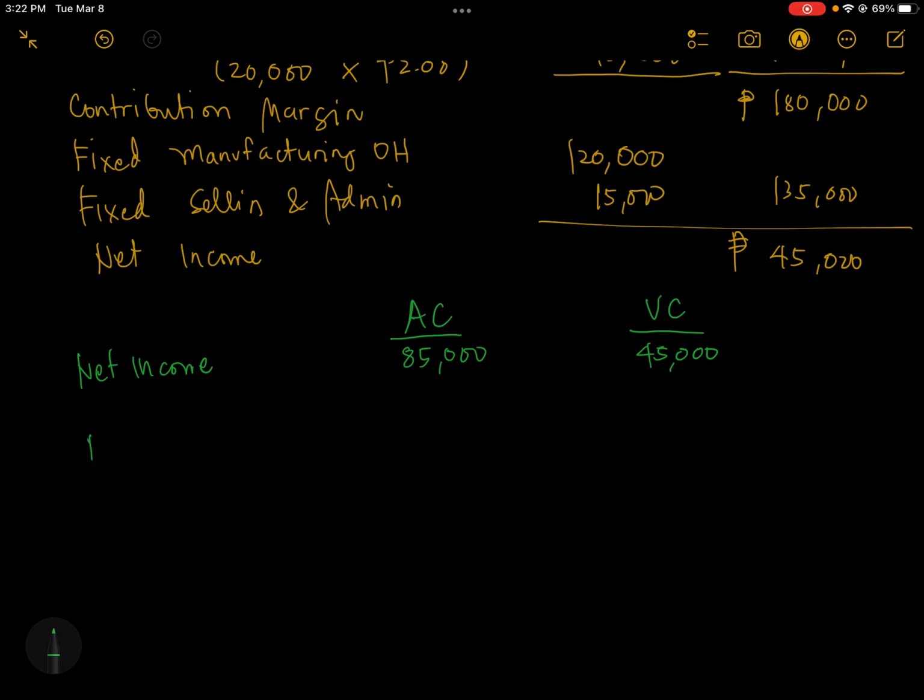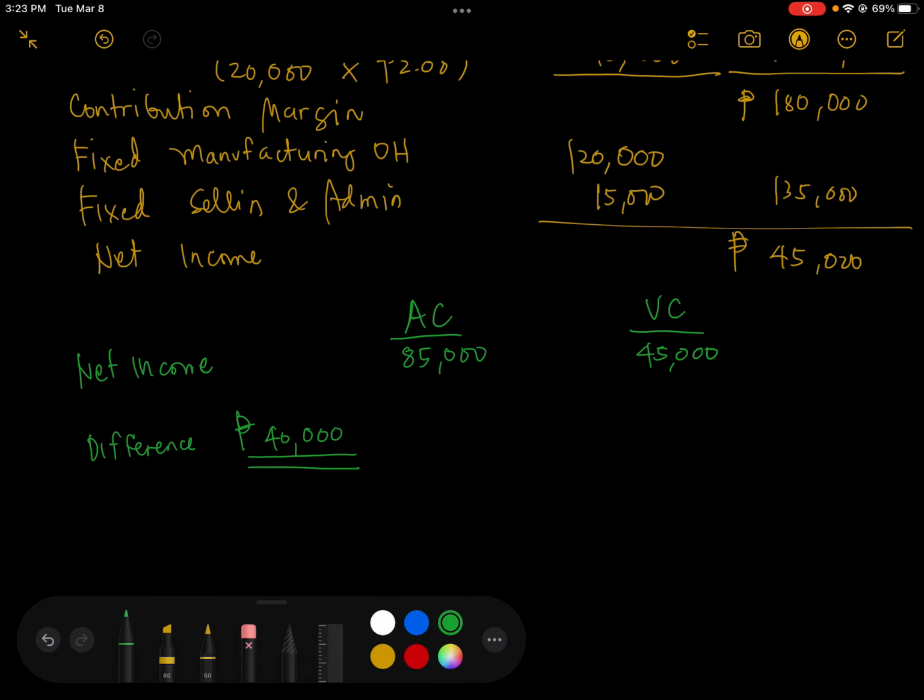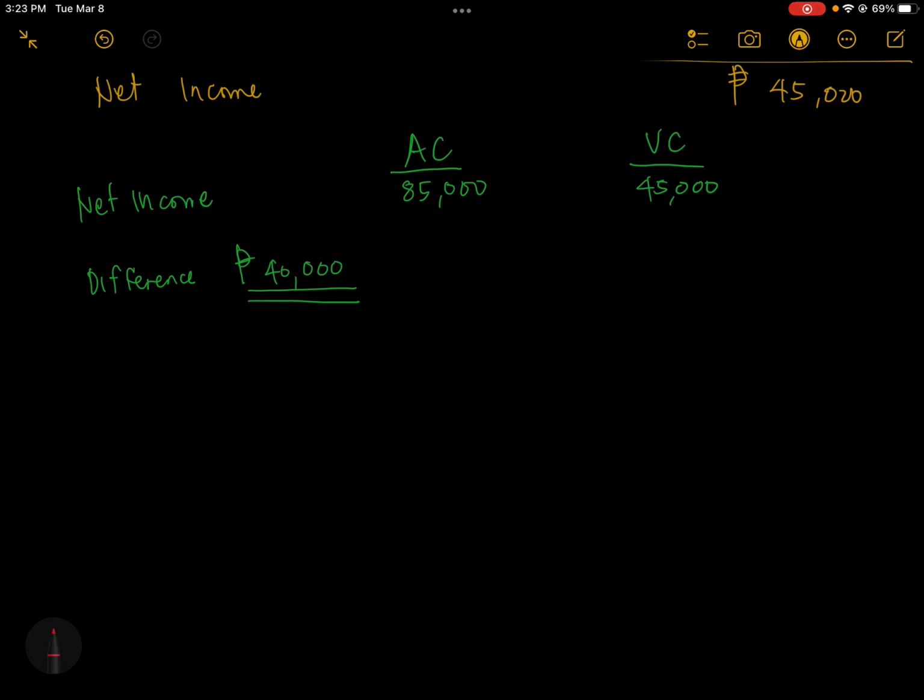So there is a difference of 40,000. Okay? So bakit po or para saan po yung 40,000 na yan? Saan po natin pwedeng i-associate yung 40,000 na yan? Okay? Alin po yan? Yung 40,000 na difference ng absorption tsaka ng variable costing.